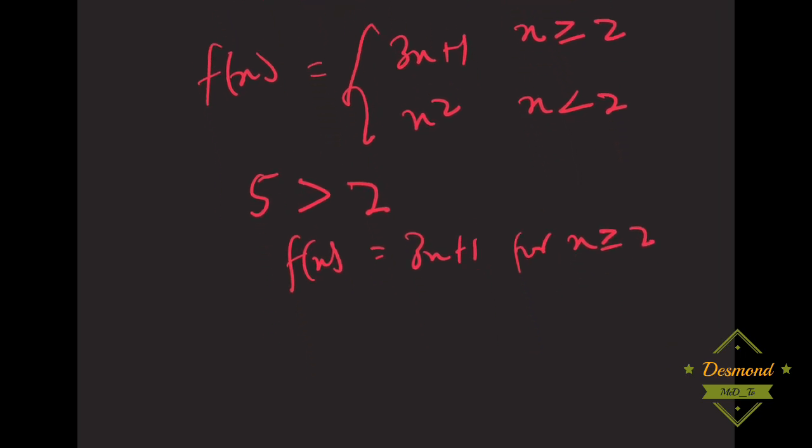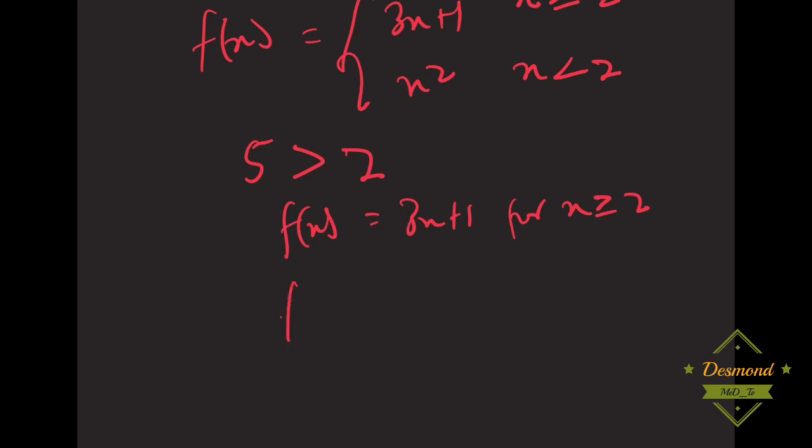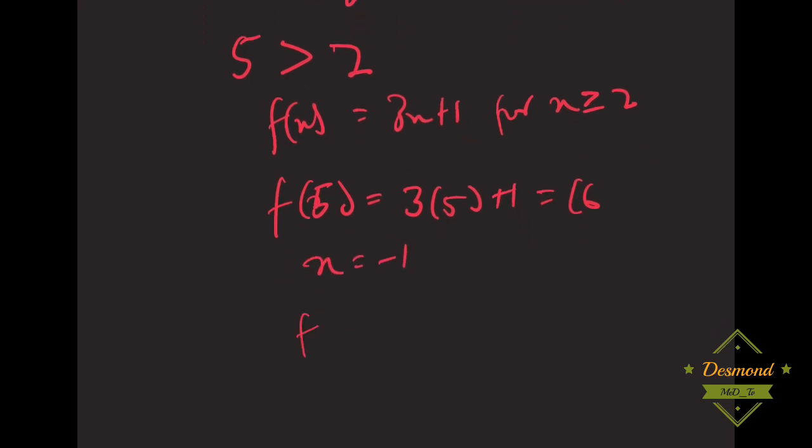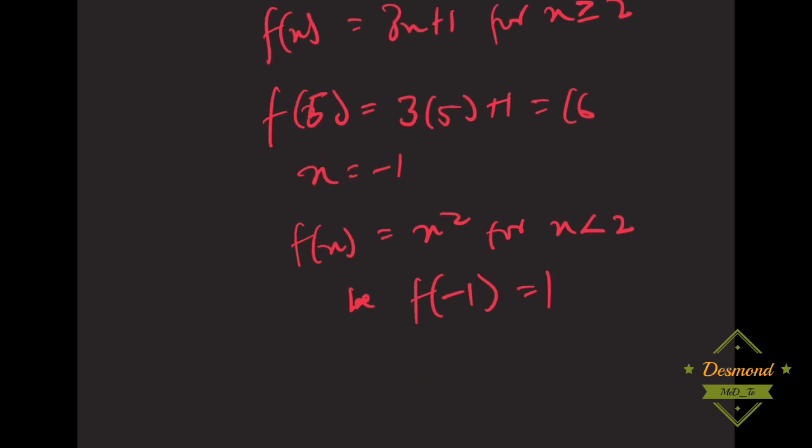When we put 5 inside, f(5) is 3 times 5 plus 1, which gives 16. On the other hand, for x equal to -1, we use f(x) equal to x squared for x less than 2, and f(-1) gives us 1.